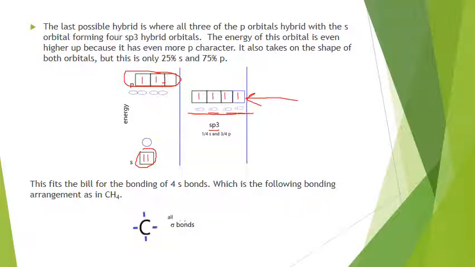Now each one of these will form a sigma bond. And what arrangement will a carbon have four equal bonds? This one right here. So whenever you have a carbon with four single sigma bonds, it's going to be sp3.